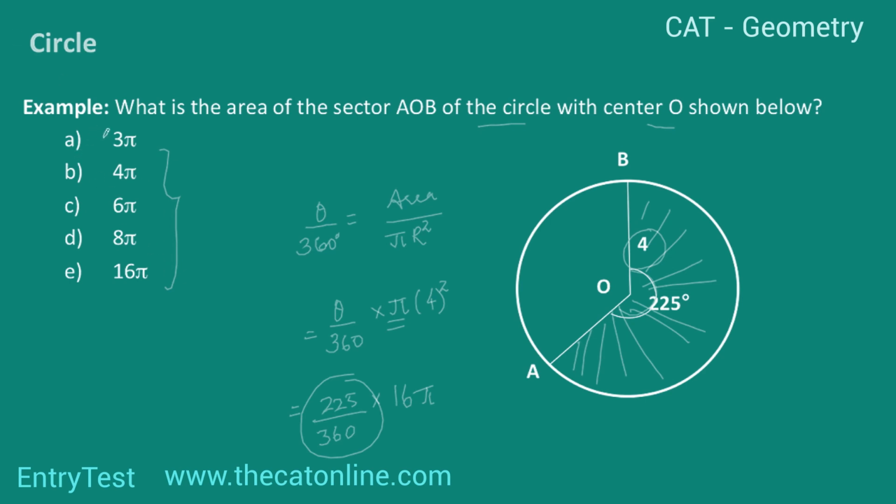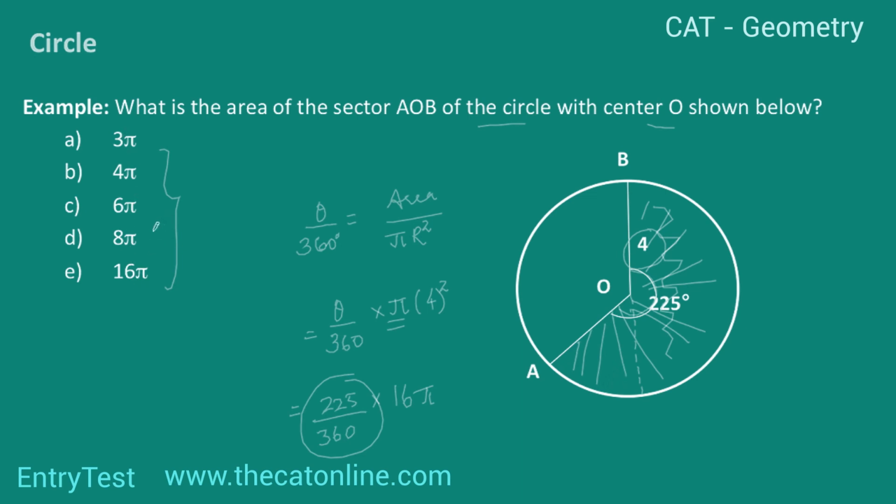So if I just look at the answers, they are 3 pi, 4 pi, 6 pi, 8 pi and 16 pi. If I just do a half of it, this will be 8 pi and this will be 8 pi. So now if I look at the answer options which are available to me, my answer cannot be 3, 4, 6, 8 or 16, right?